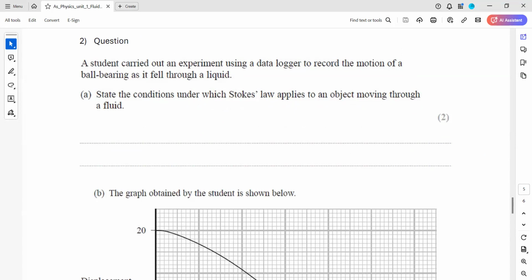And the object must be a small, spherical object because, according to Stokes law, the viscous drag force is 6 pi eta r v. This drag force is only applicable for a spherical object, and a very small spherical object. So the first condition: the object should be spherical and small.